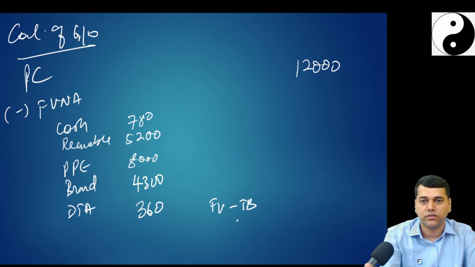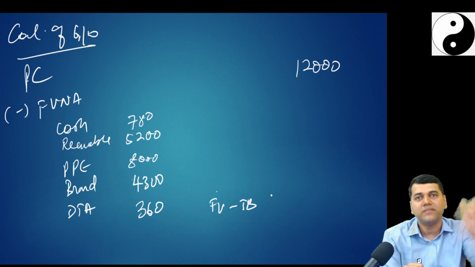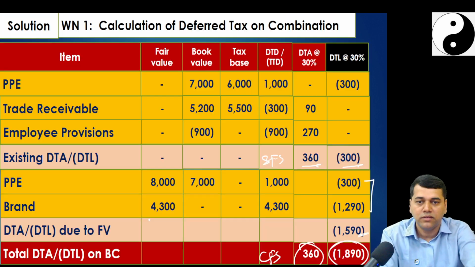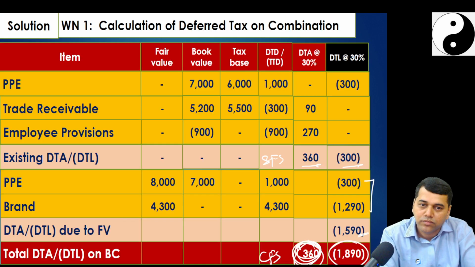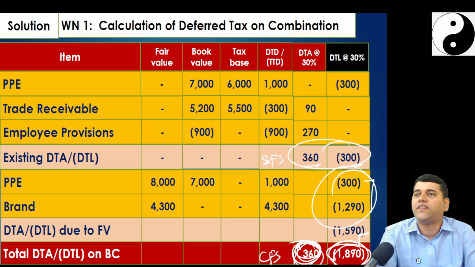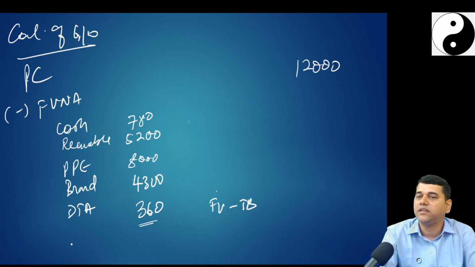You got two choices: either take the fair value minus tax base, or take whatever is available in their balance sheet plus calculate the additional one. But ultimately, this value should come. So two choices: take this plus this, or take the final value. So you have got a deferred tax asset of 360.